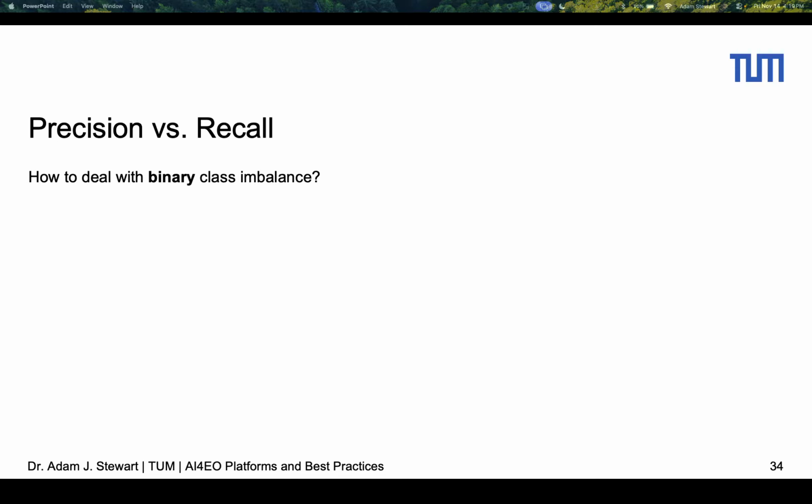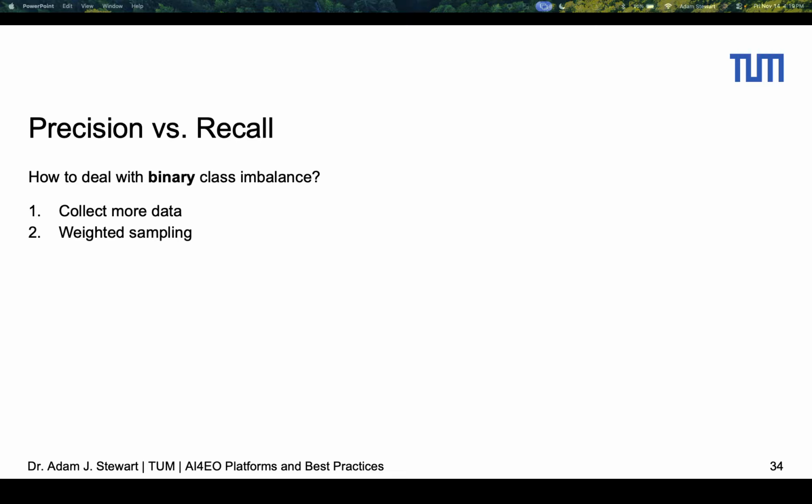So how do we deal with binary class imbalance? There's actually several ways to do this. Again, perfectly valid response, collect more data. If you just keep collecting more and more data, then you don't have class imbalance anymore. If I have 100 people without Lyme disease and 1 person with Lyme disease, I just find 99 other people with Lyme disease, and we don't have class imbalance anymore, do we? So that's one approach.